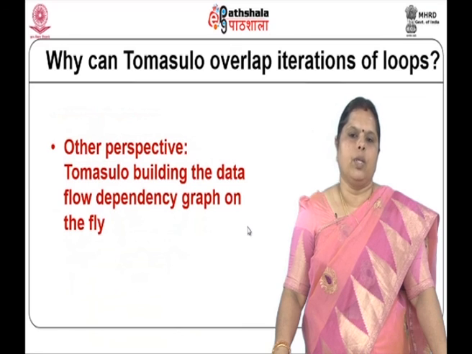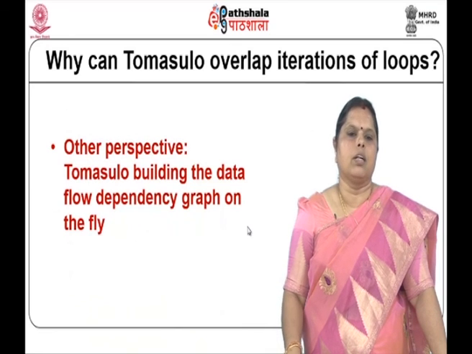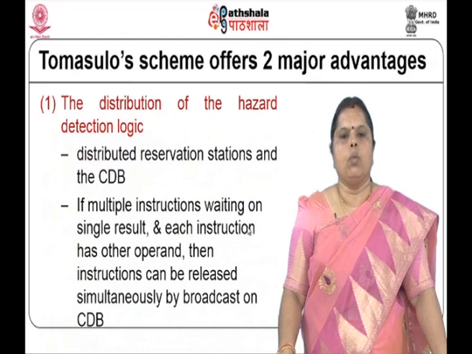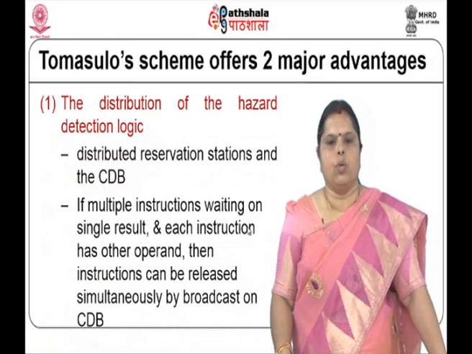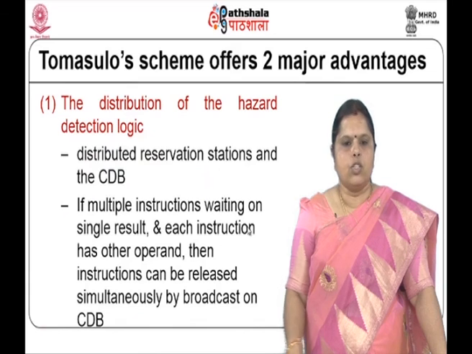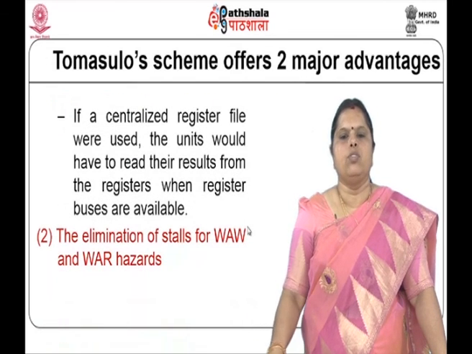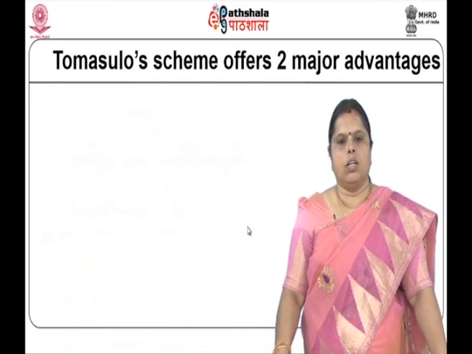Another perspective is that Tomasulo is building the data flow dependency graph on the fly. Tomasulo's main advantages, as we already discussed, are the distribution of the hazard detection logic and the avoidance of WAR and WAW hazards.